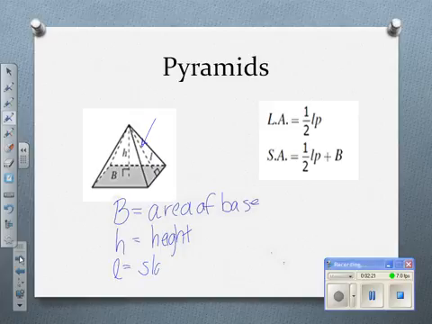What that is, it's the height of your triangles that make up the faces. Okay, the height H is the height of the pyramid itself. L is the height of the triangles. And the last thing is P, which is the perimeter. So you need to know what these letters represent in order to use these formulas.